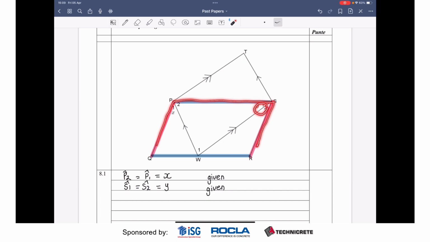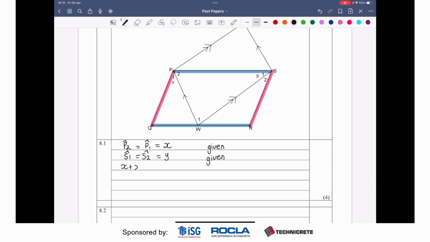So that means that this angle here plus this angle here is going to equal 180 degrees. So I'm going to have P1 plus P2 plus S1 plus S2 is equal to 180 degrees. But I just found out that P1 is equal to P2 and it's equal to x, and that S1 is equal to S2 is equal to y. So that means that x plus y is equal to 180 degrees, and that's because of co-interior angles of these parallel lines.